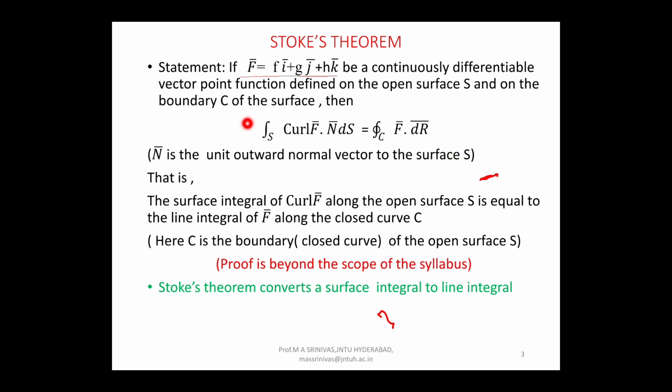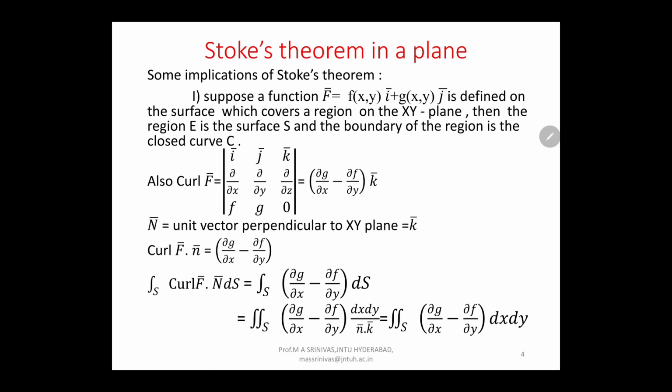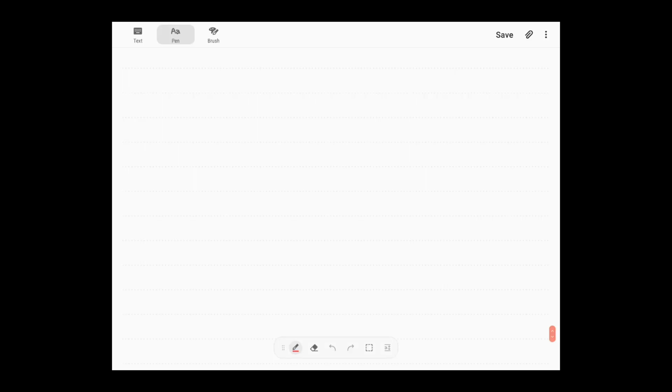So in this you have a function f bar, and most importantly an open surface. For applying Stokes theorem, you should have one open surface. Suppose you have some surface like this, if it is open, definitely it will have some boundary.